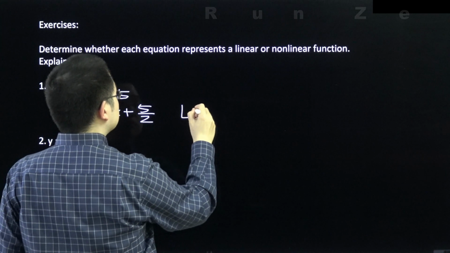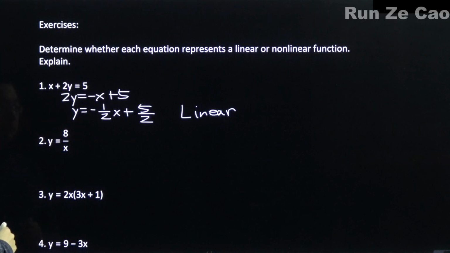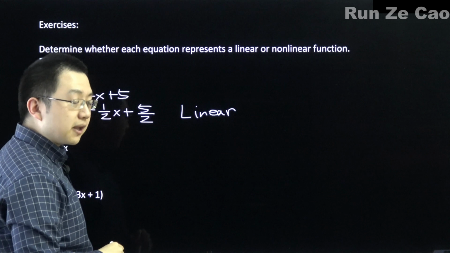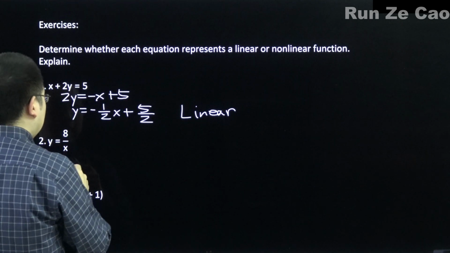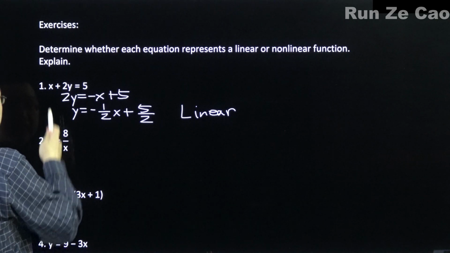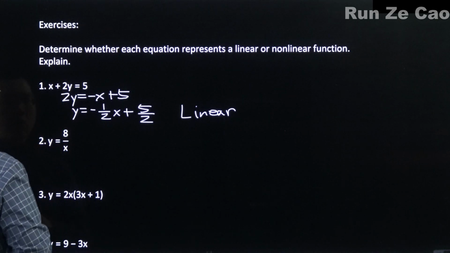This is linear. You could tell starting with the degrees of all the terms being either 0 or 1, and the degrees of all the variables here being either 0 or 1.